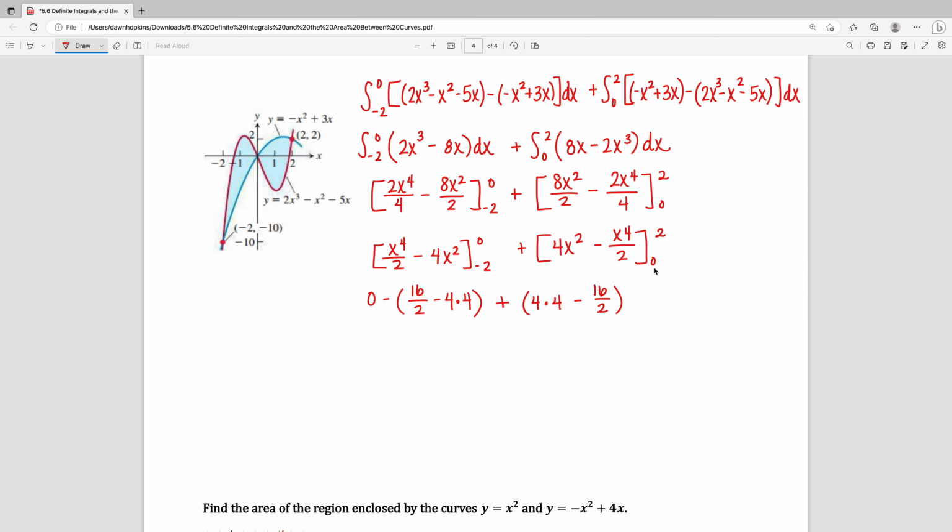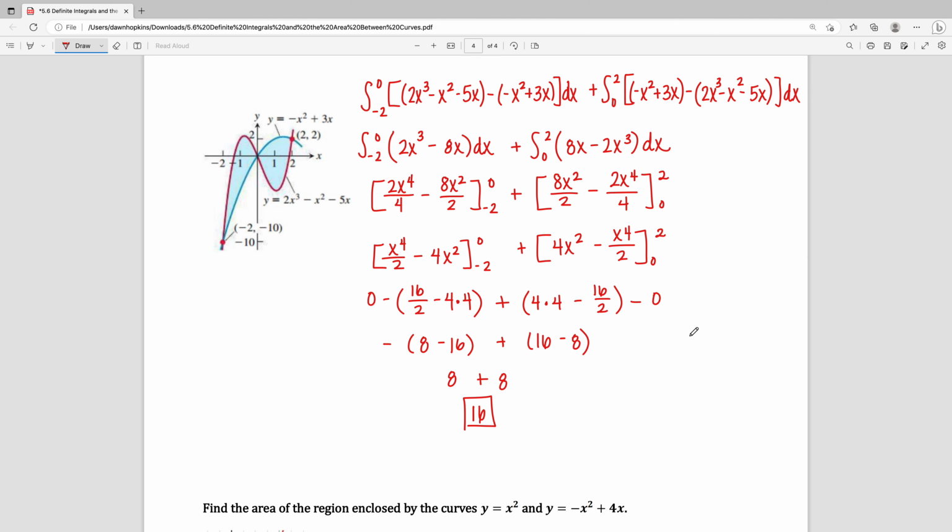And then the same thing as before with the zeros. So we have -8 minus 16 plus 16 minus 8. 8 minus 16 is -8, so we have -8, that's a +8. 16 minus 8 is also 8. 8 plus 8 gives us a grand total of 16 for the area.